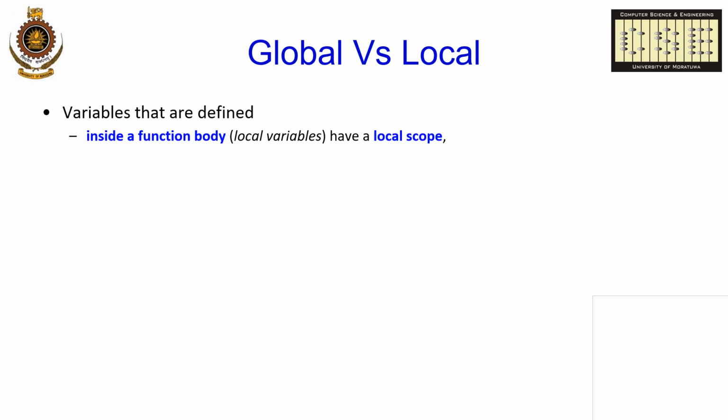When a variable is defined inside a function body, according to the indentation rules, that variable is a local variable. They have a local scope. A variable defined outside a function is a global variable and has a global scope.